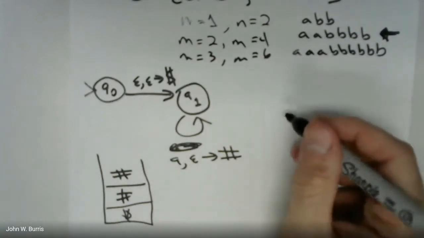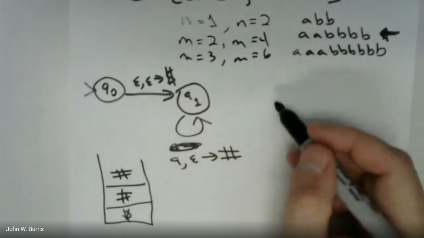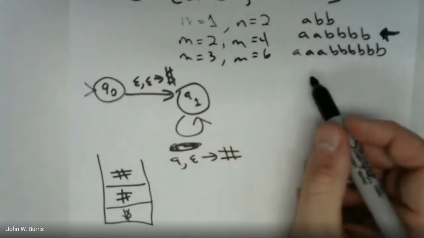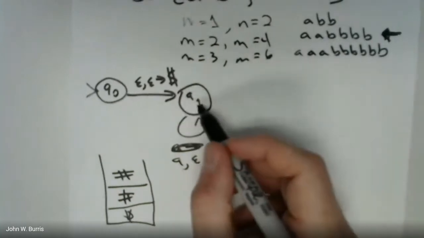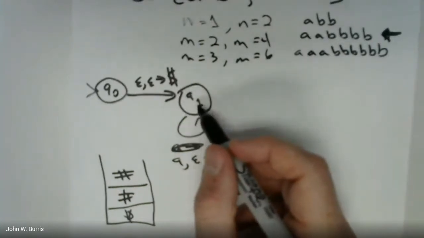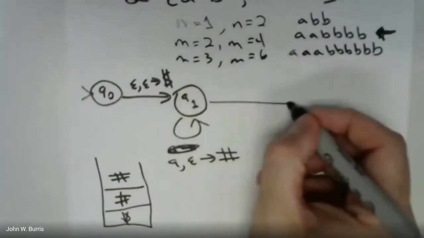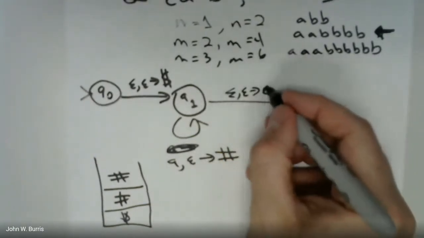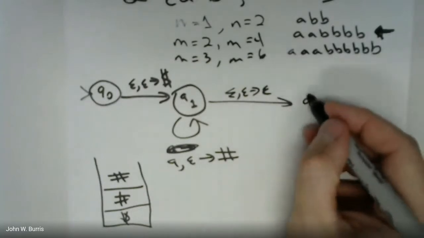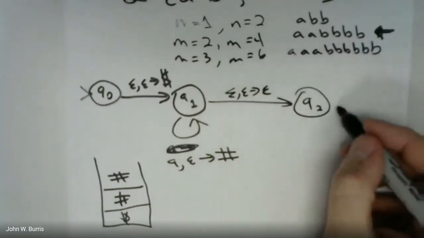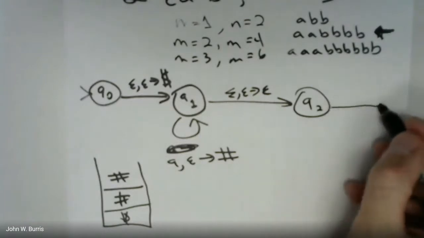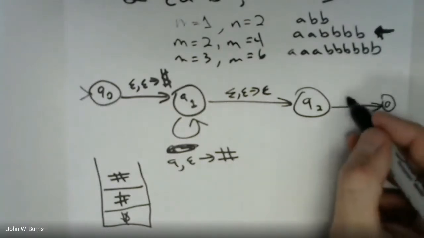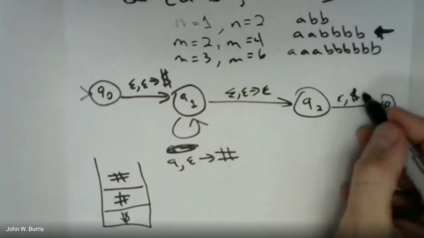If we were doing A to the N, B to the N, we know now after we've read the A's that Q1 is counting the A's. We need to go over to Q2 with nothing and think about what Q2 is going to solve. Once Q2 solves it, we can get to a final state by popping off that $ sign.